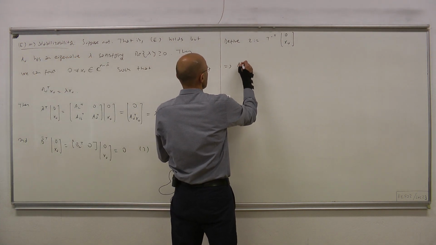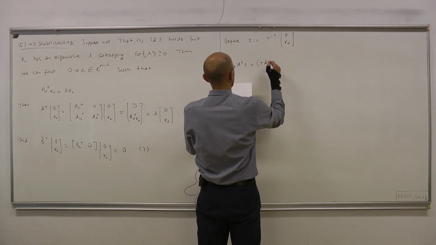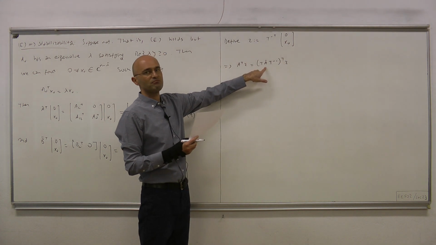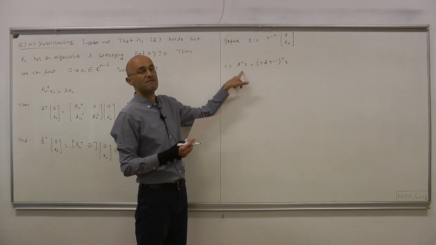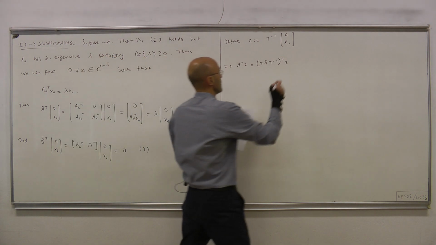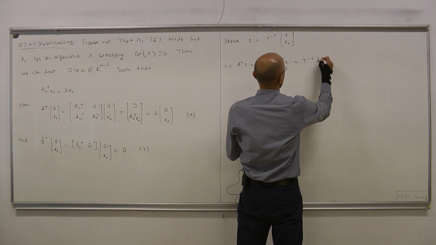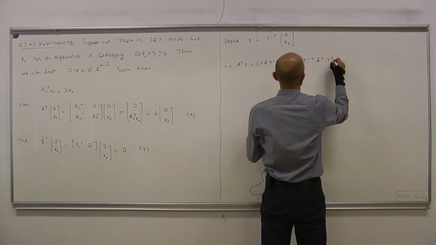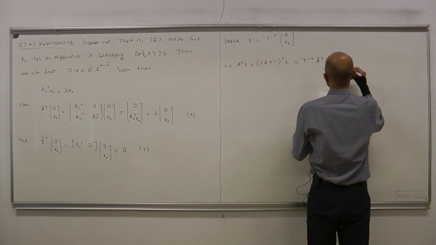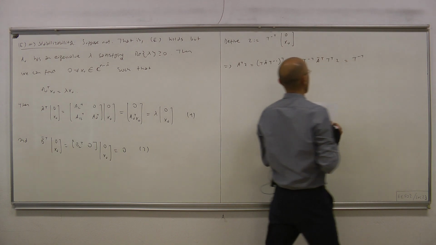Okay, so A transpose Z equals T A bar T inverse transpose Z. Okay, so this is how we can write A, and then we're transposing it. T was our similarity transformation. So that equals T inverse transpose A bar transpose, and then we have T transpose times Z.